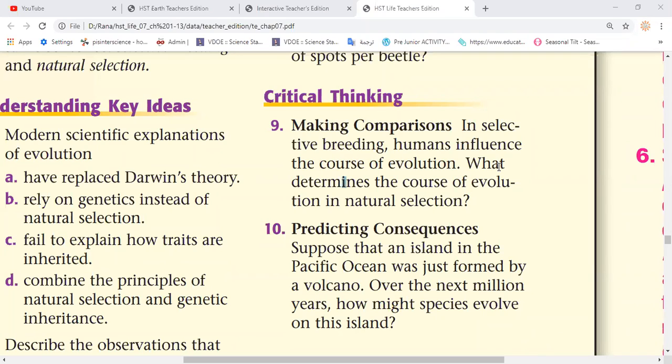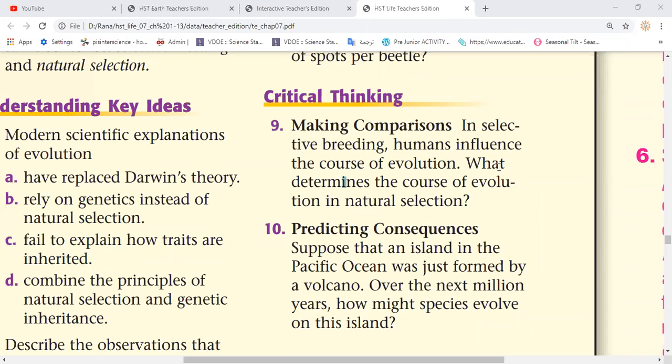They will inherit different and varied traits, and the best trait would help the animal to survive and reproduce. Is that natural selection or selective breeding? Selective breeding will occur many times until they find their desired trait.